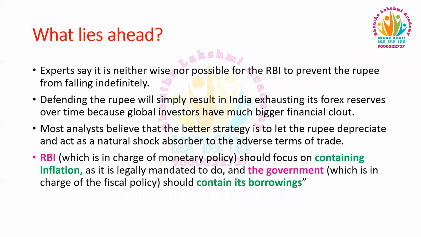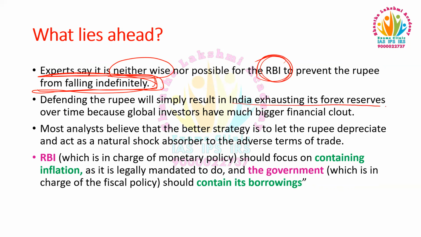And what's the way forward? The experts say it is neither wise nor possible for the RBI to prevent the rupee from falling indefinitely. Due to the global economic situation, it falls. Defending the rupee will simply result in India exhausting its forex reserves. This has happened, right?